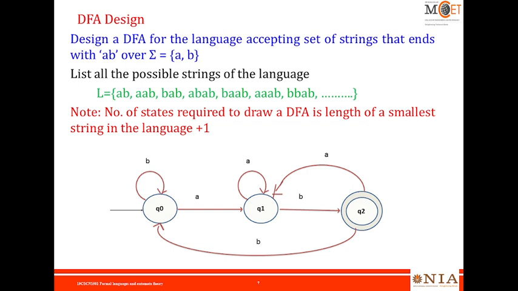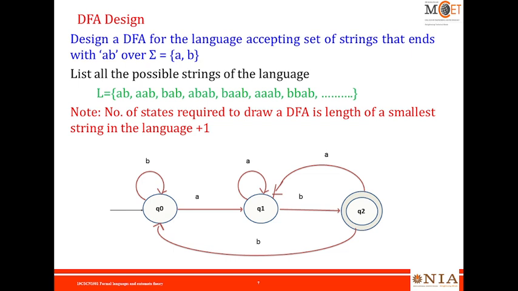Here we should remember two things. First, the number of states required to draw the DFA is the length of the smallest string plus 1. In this example, the smallest string is AB, whose length is 2, and 2 plus 1 equal to 3. So we draw 3 states initially.